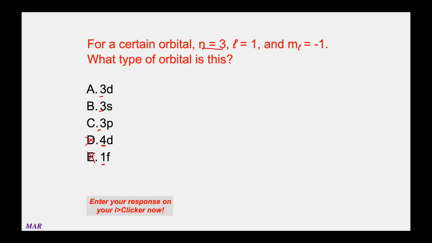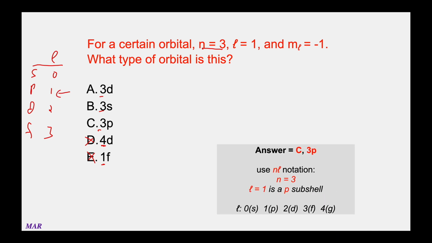So the answer is going to be one of the other ones. And to figure out the letter, we use the SPDF system, and those represent values of L. So 0, 1, 2, 3. L of 1 would be a P, so we would say that this is a 3P system. All right, it's a 3P orbital.